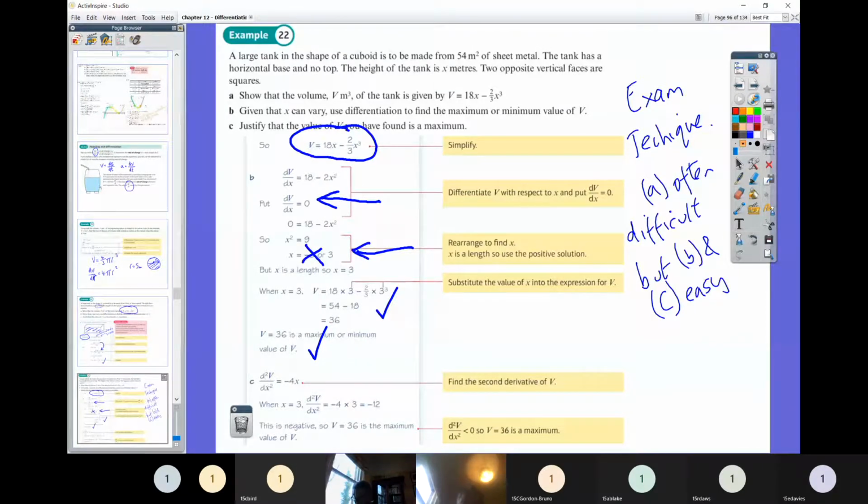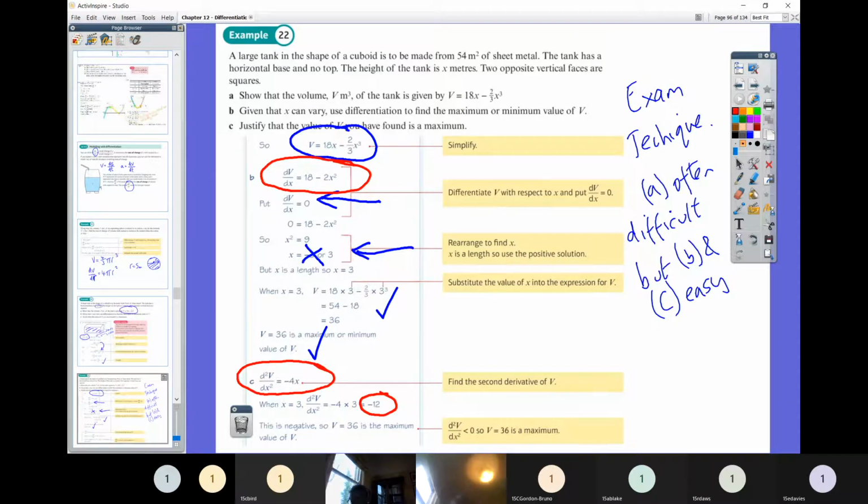So you go back to your dV dx. Remember that was, I'm just circling it in red. Has it come through yet at your end? Yeah. So we've got our dV dx. Differentiate that again, and we get minus 4x. We've worked out that x was 3, so substituting 3 into that, we get a negative second derivative.